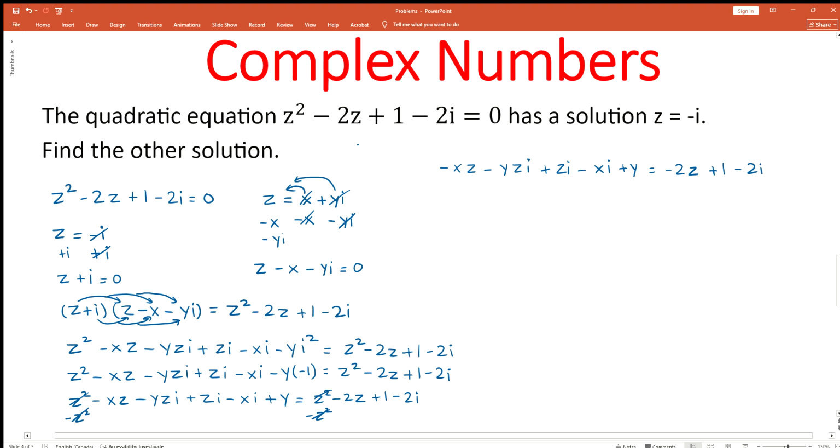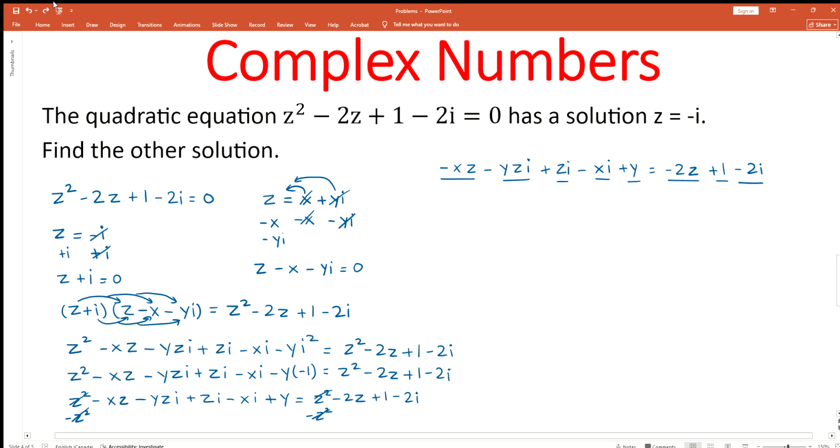Now we can compare the terms on both sides of the equation. On the left side, there are three i terms, and there is one z term, negative xz, and there is just a y term. On the right side of the equation, we have just one z term, negative 2z, and there is just one i term, negative 2i, and a number term 1.